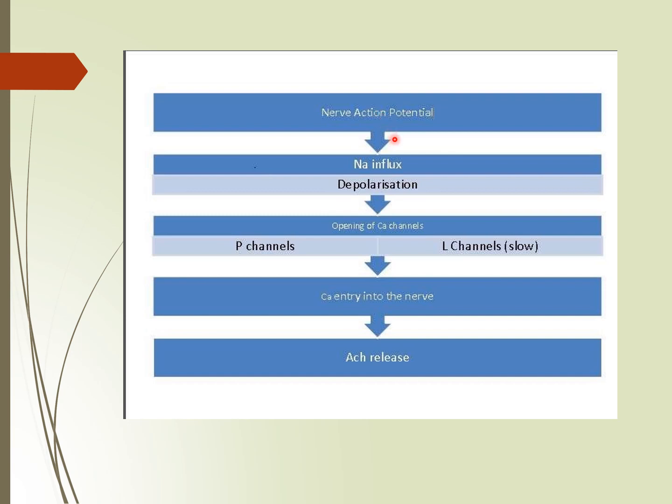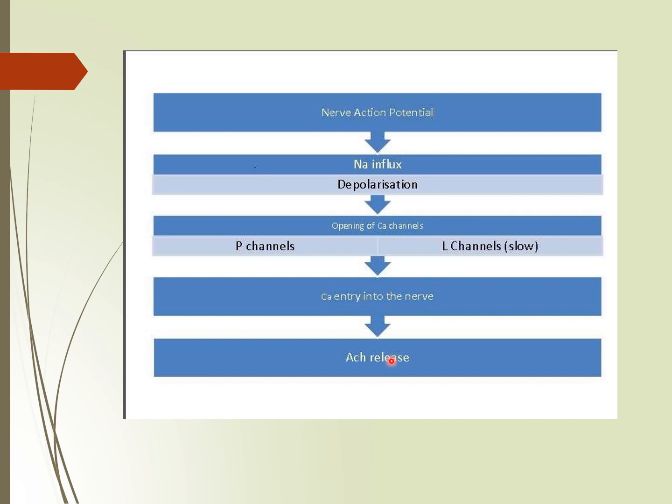The ACh synaptic vesicles reach the presynaptic membrane, fuse with the membrane and cause exocytosis. Sodium influx causes depolarization, and that leads to opening of calcium channels. Calcium channels are of two types, P and L channels. So calcium entry into the nerve occurs, and that leads to ACh release.